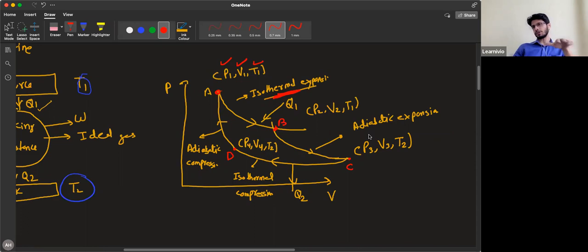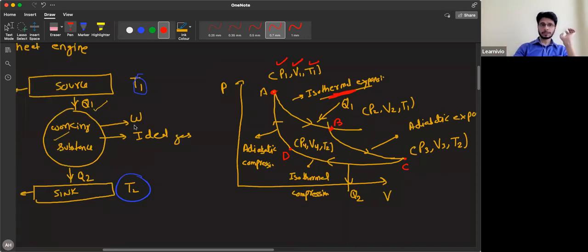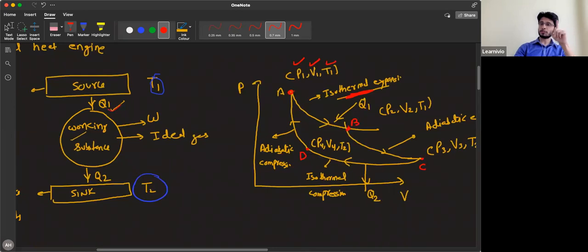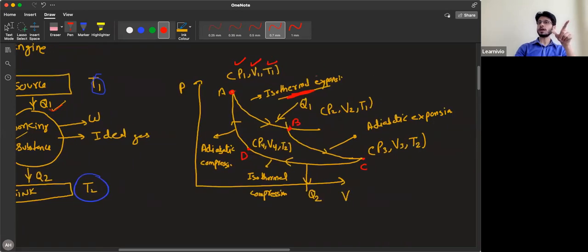That's why the temperature decreases. Now, you want the process to be isothermal, meaning you want its temperature to remain constant. So you will provide some energy from the outside source. So your working substance will absorb some heat energy. So this energy Q1 is absorbed by the Carnot engine during isothermal expansion.